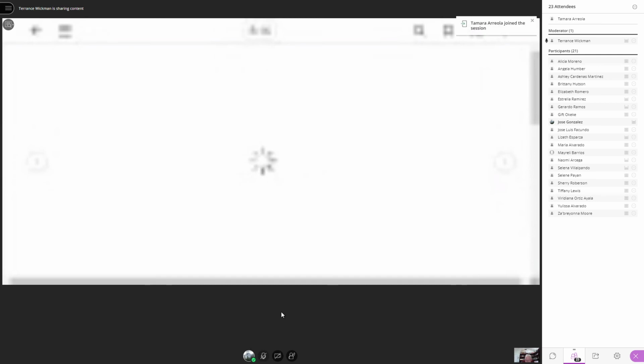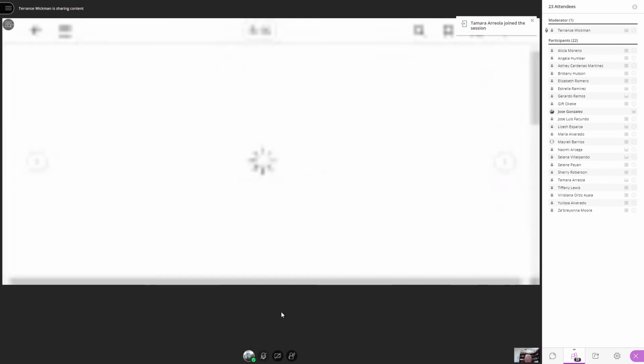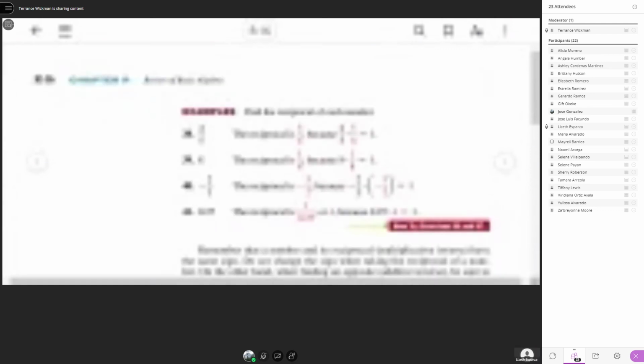Yeah, I understand. That is page 439. Algebraic expressions R6. Let me see. This is simplifying algebraic expressions.